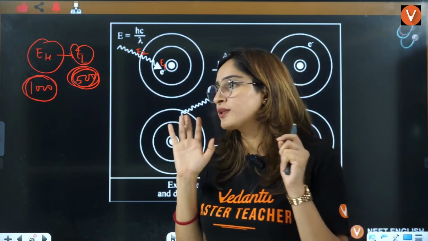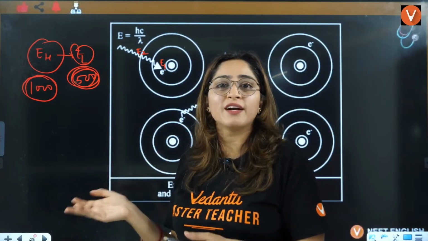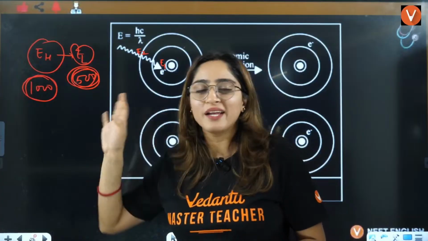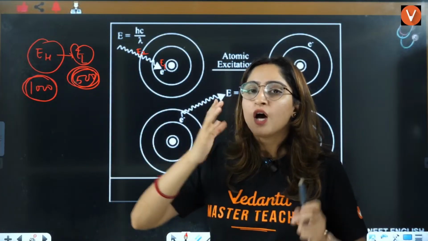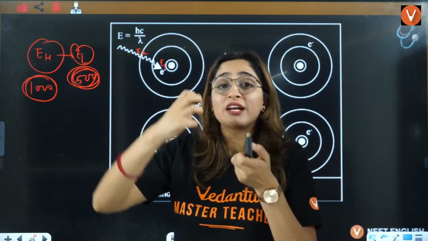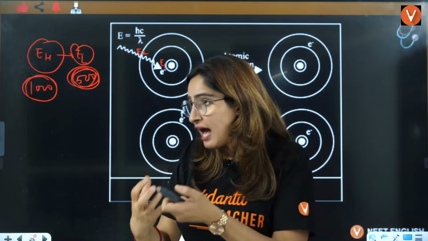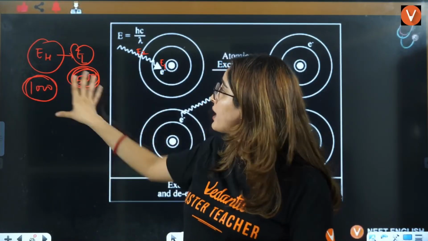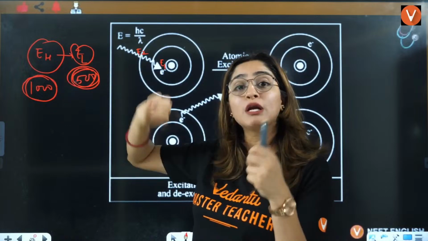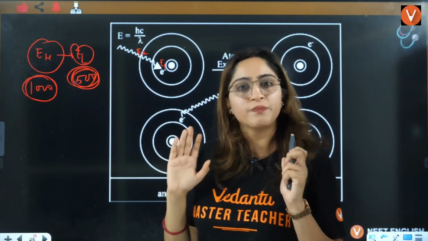I know you're thinking, ma'am, if I have to lose that 500, I'll go to this theater only. But in an electron, this doesn't happen, right? The extra amount of energy that it has, it will lose, right? So here it is 1000, here it is 500, it will lose the 500 amount of energy.